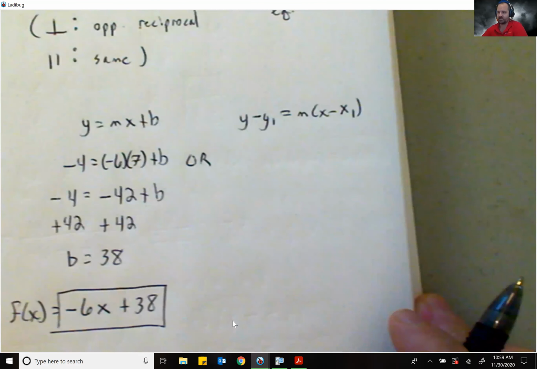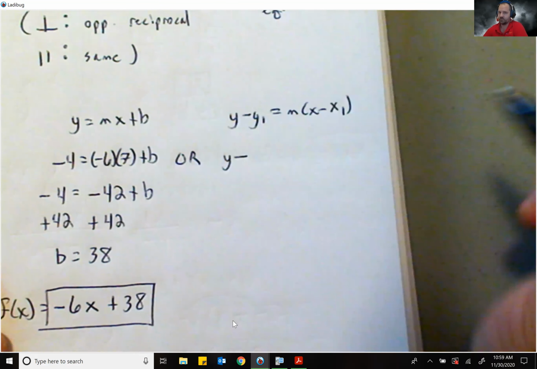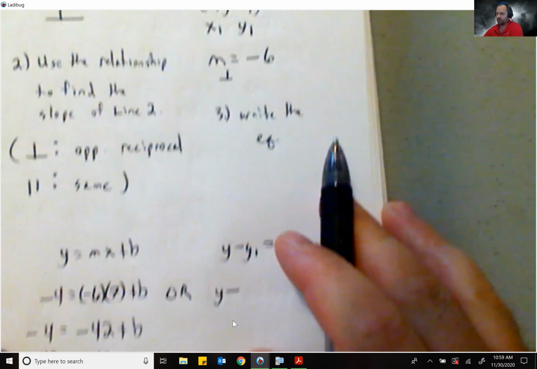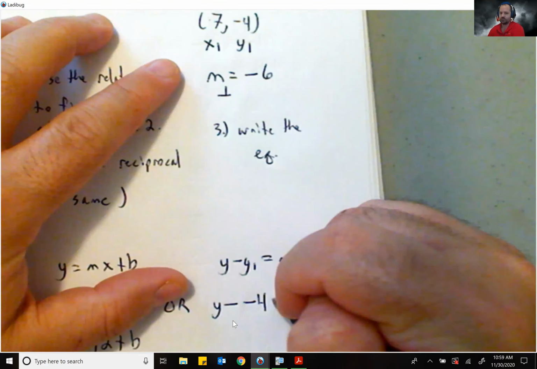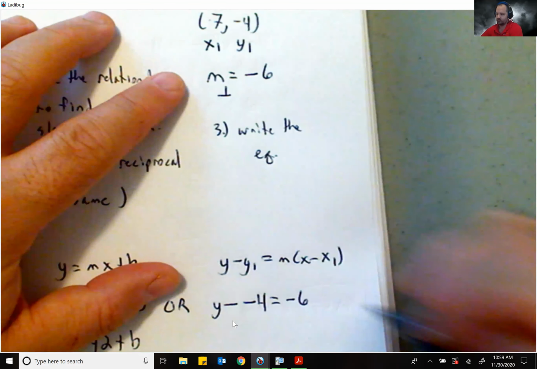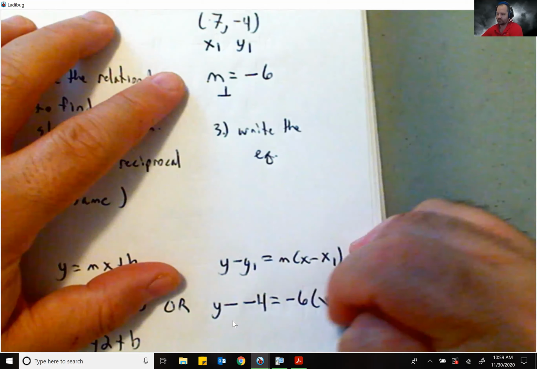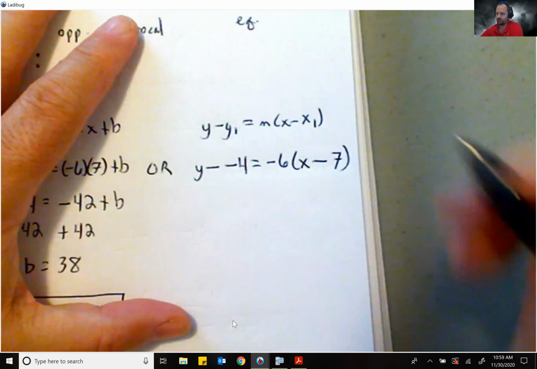You get the same answer if we do it through here. You'd have y minus, and it's a -4, so that's a -4 equals our m, which is -6, parenthesis x minus 7. So we'll distribute through.